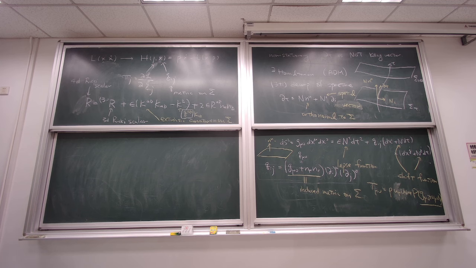So now, if you look at the extrinsic curvature, it has the time derivative of the spatial metric Q. Okay. So therefore, these contain Q dot AB and so on.